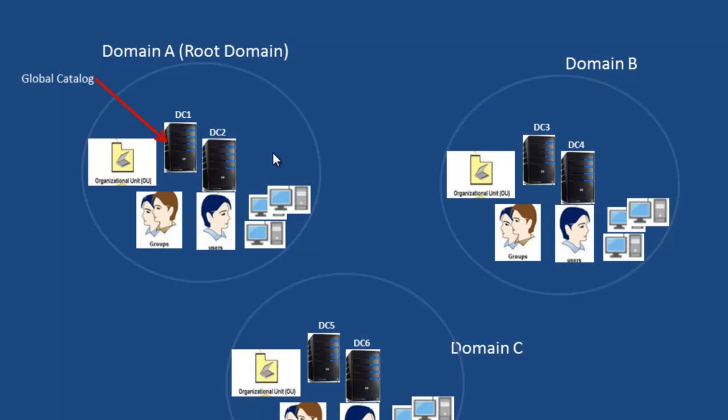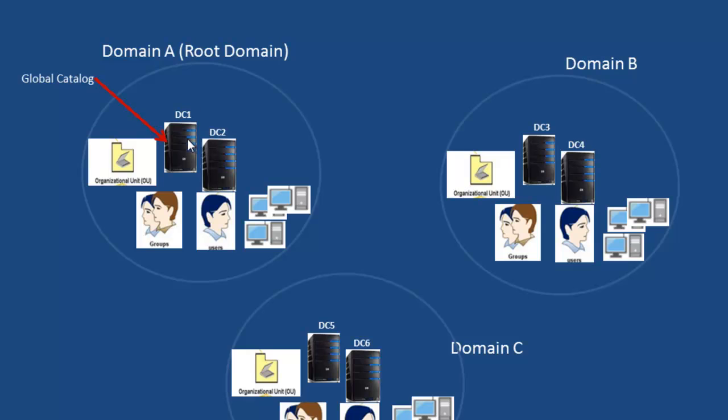Microsoft actually recommends that you install more than one domain controller within your domain. And that's mostly for replication purposes, because when you have a second domain controller, all the data from the first domain controller will replicate to the second domain controller and to all the other domain controllers within the forest.